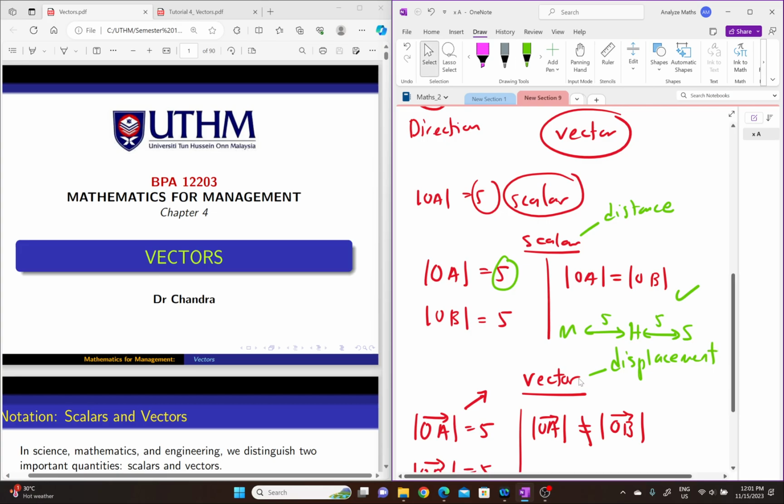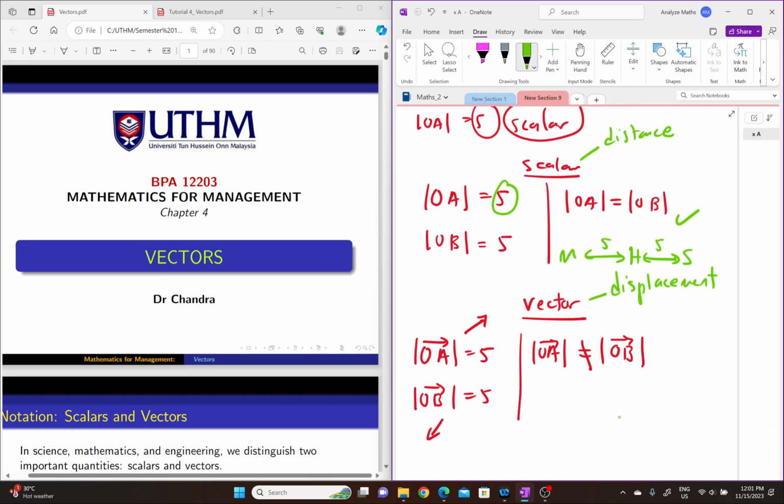Displacement, both have the same ideology. Say S is here, M is here. If you want to go to the shop, you go in this direction. If you go to the mall, you go in this direction.